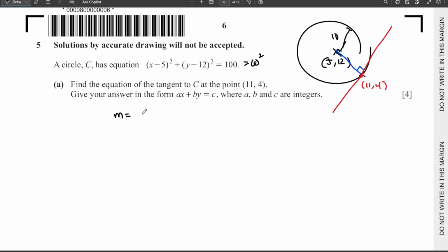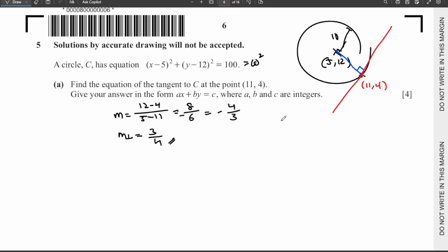The gradient is change of y per change of x. So 12 minus 4 over 5 minus 11, that is 8 over negative 6, which is negative 4 over 3. So our m tangent, the perpendicular gradient, will be 3 over 4.